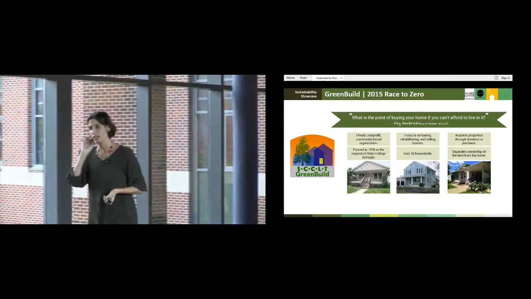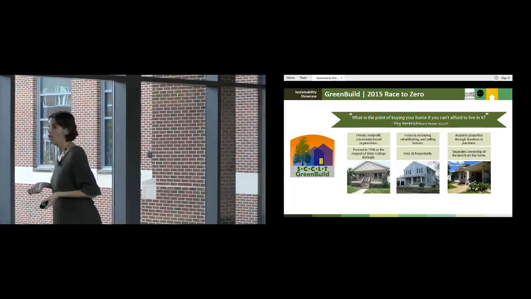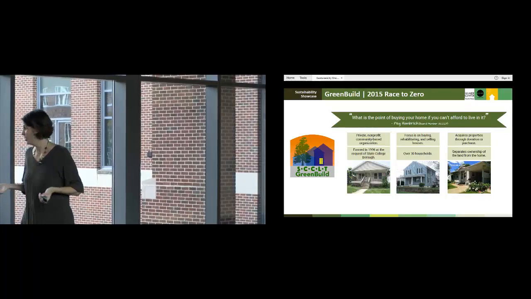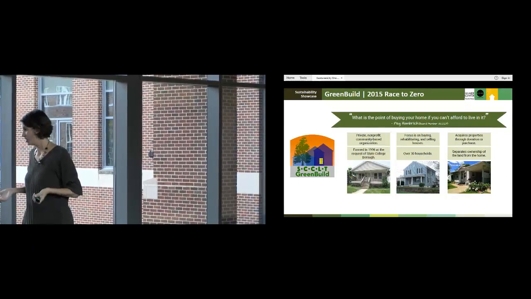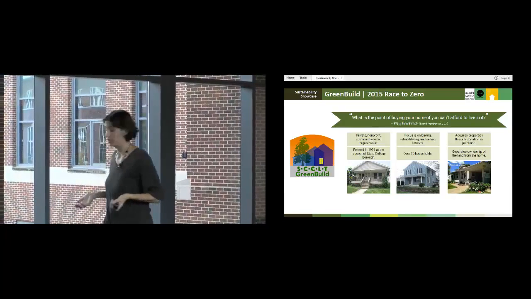The State College Community Land Trust has been in the borough of State College for the past 30 years, in a borough where we don't really have much access to housing for people of limited incomes.